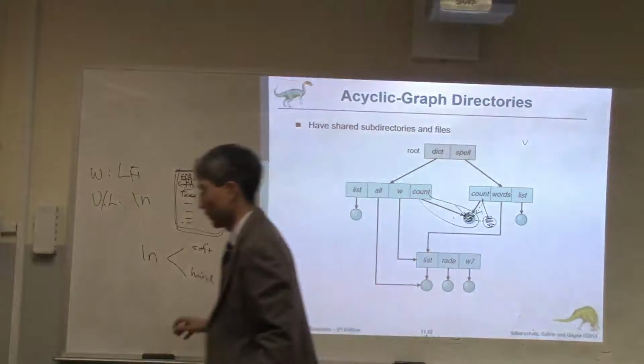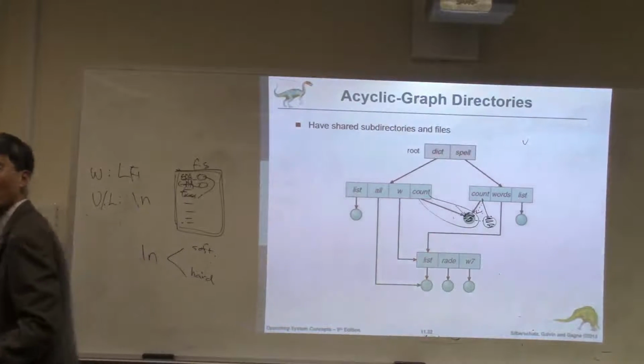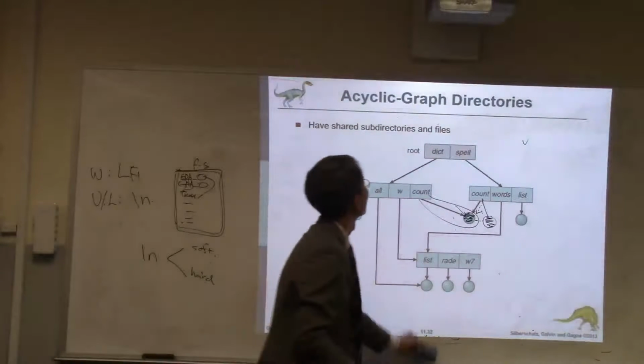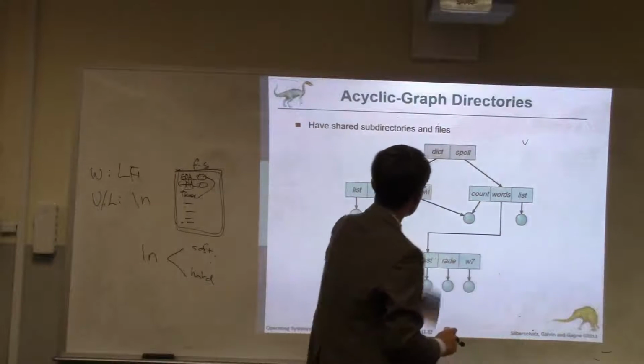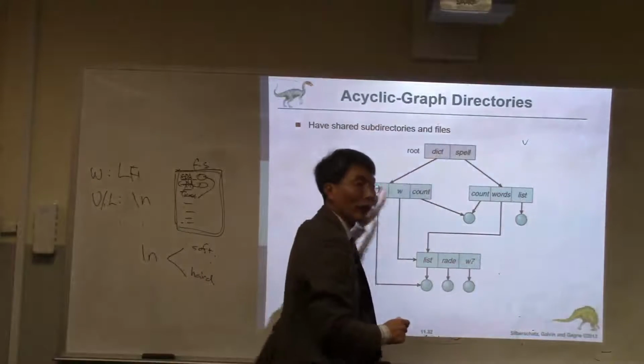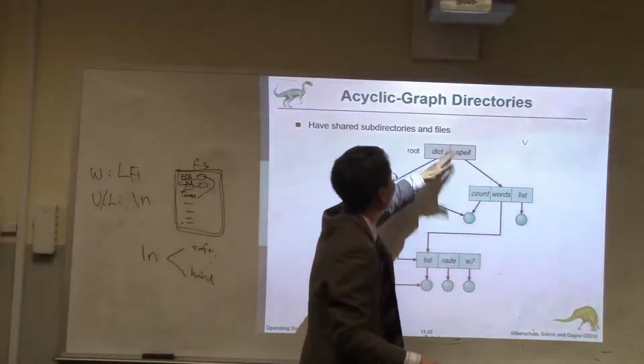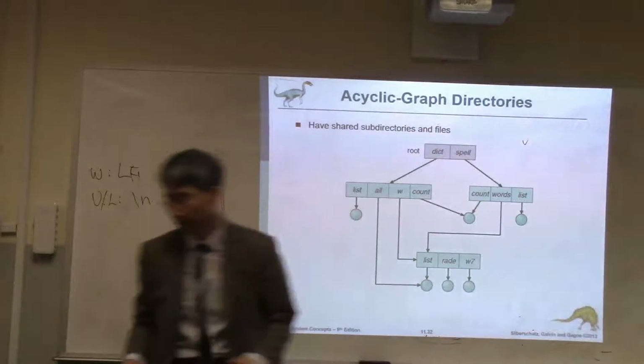That is a hard link. Using the ln command, the link command, you can implement the acyclic graph. Acyclic graph means it's one direction, to implement the characteristic of the tree structure.